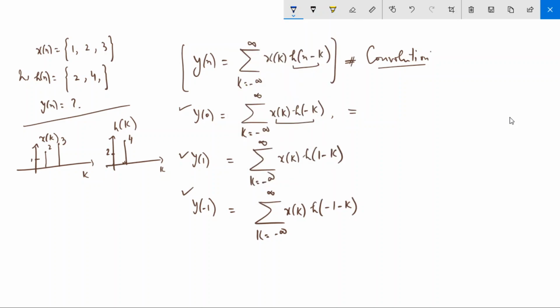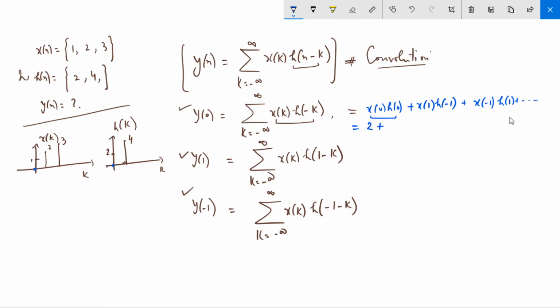Now to find this y0, you can simply find the series. It will be x of 0 into h of 0 plus x of 1 into h of minus 1 and so on. Similarly, plus x of minus 1 into h of 1 and so on. So x0 and h0 are multiplied. At k equal to 0, x is 1, and h is 2, so 2 into 1 is 2.